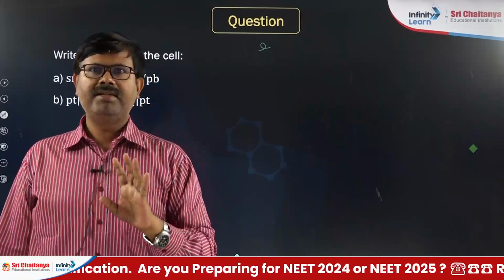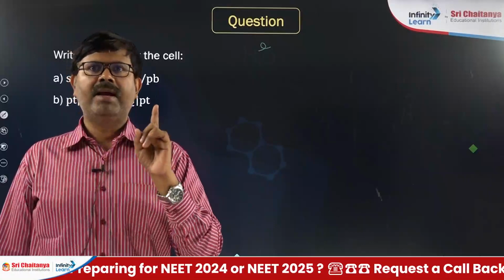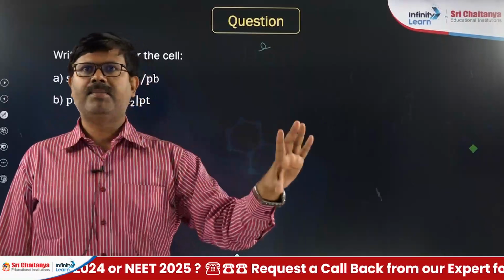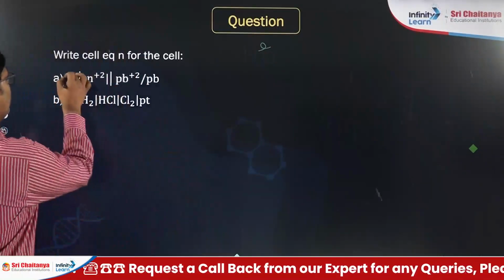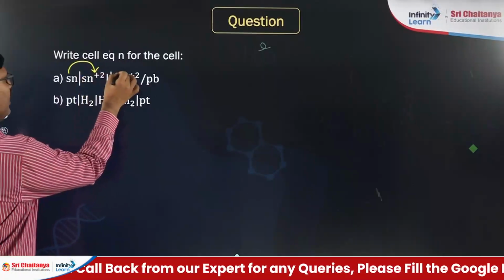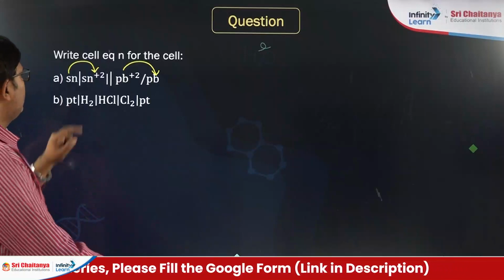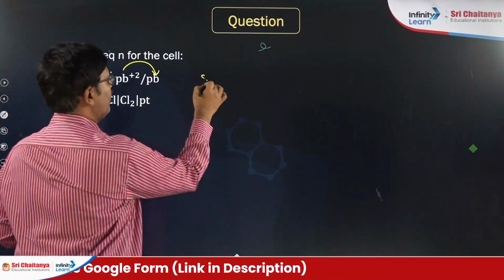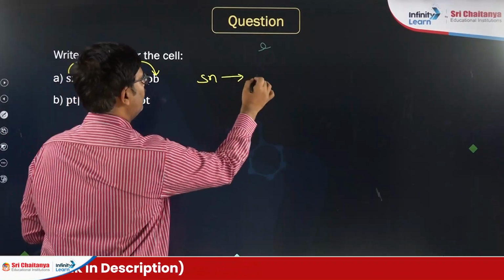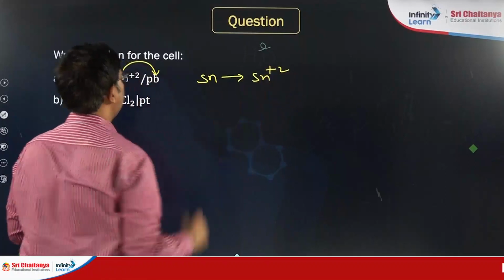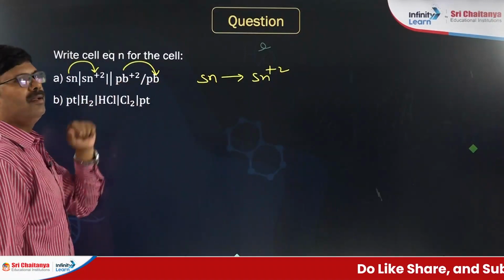In most cases it will work. One important case where it will fail, I will mention. Apart from that, in all other cases, just apply this shortcut. Just follow the equation from left to right in the cell notation, whatever is given. That means tin gives Sn plus 2, and Pb plus 2 gives Pb.